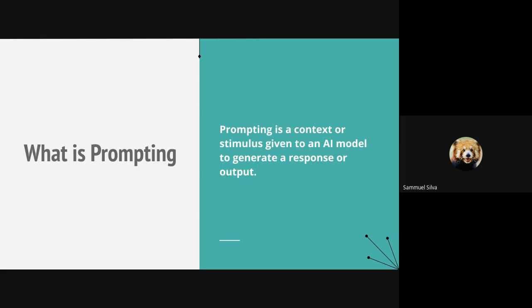For instance, we can use a prompt like "the best part of waking up is" or "the best part of going to the gym is," and then the model will complete the sentence based on the patterns it already learned from analyzing a large data set of text. So prompting is basically that. It's pretty simple.